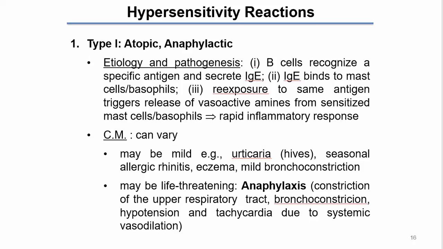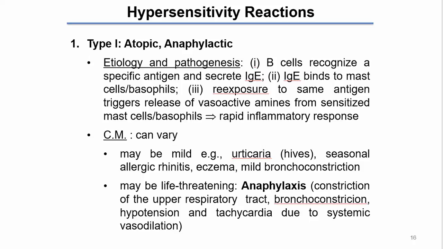So CM stands for clinical manifestations, and the clinical manifestations of this vary depending on how much binds to what mast cells, what basophils, etc. So the clinical manifestations could just be hives, urticaria, or rhinosinusitis, itchy eyes, runny nose, eczema, some bronchoconstriction, maybe trigger an asthma attack, that kind of thing. Or they could be full on anaphylaxis.